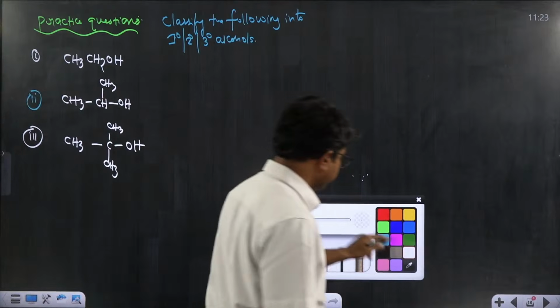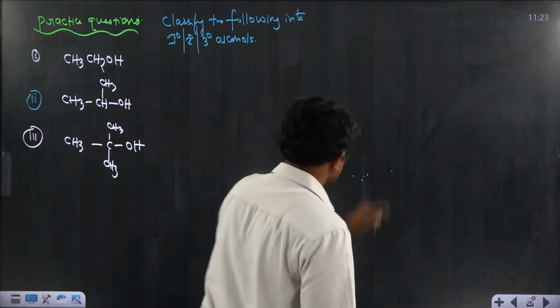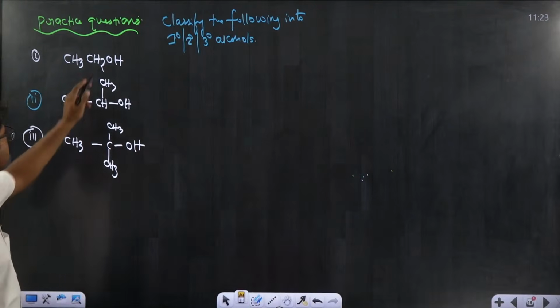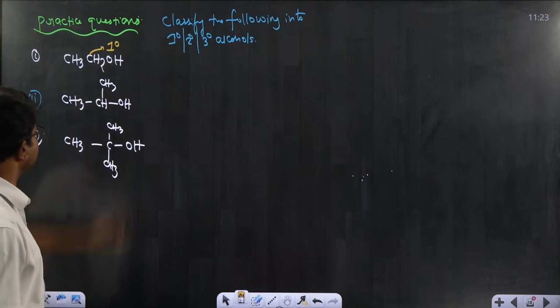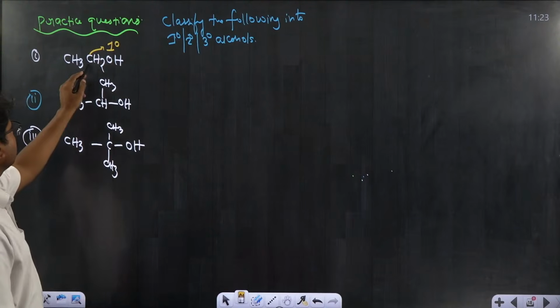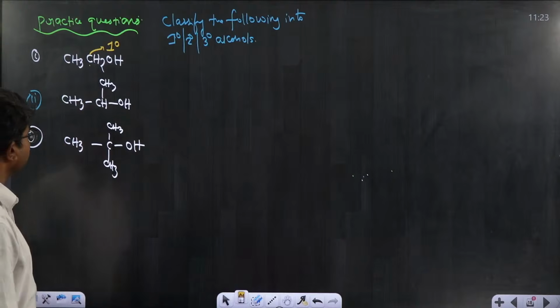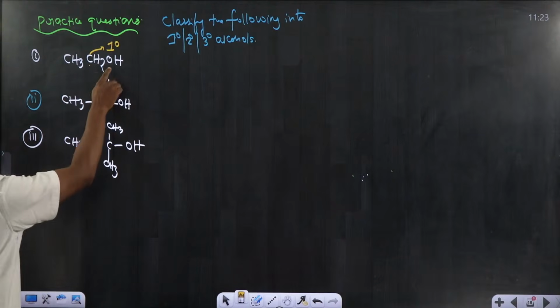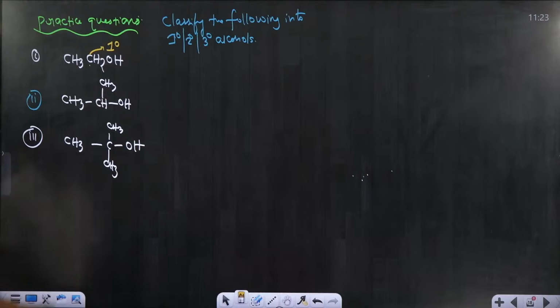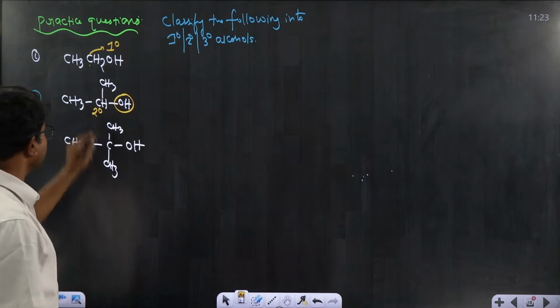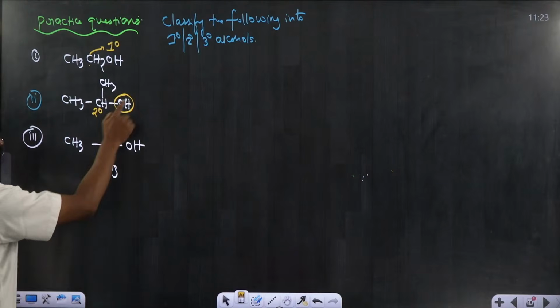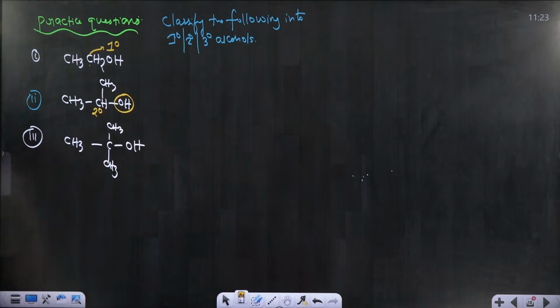Now students, please tell me: is this alcohol categorized under primary, secondary or tertiary? As we know, this carbon is a primary carbon, hence this alcohol is considered a primary alcohol. In the second example, the OH group is connected to a secondary carbon and the corresponding alcohol is considered a secondary alcohol.